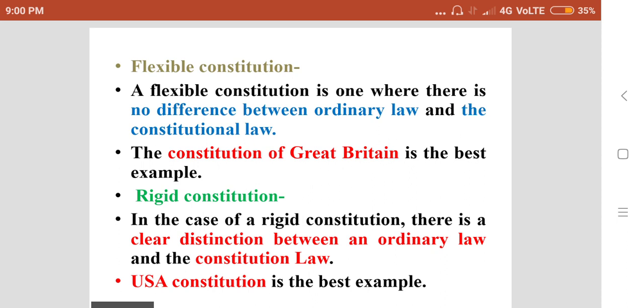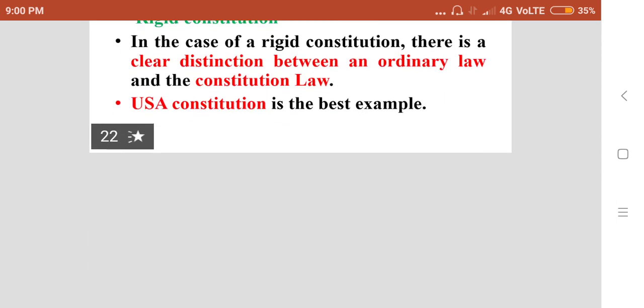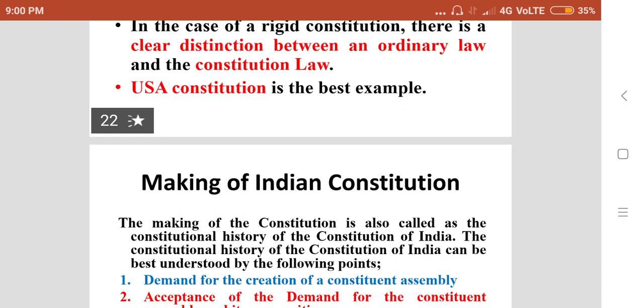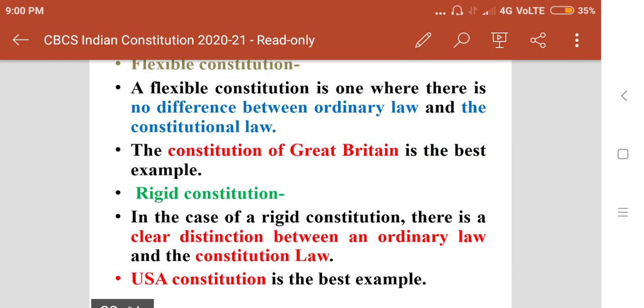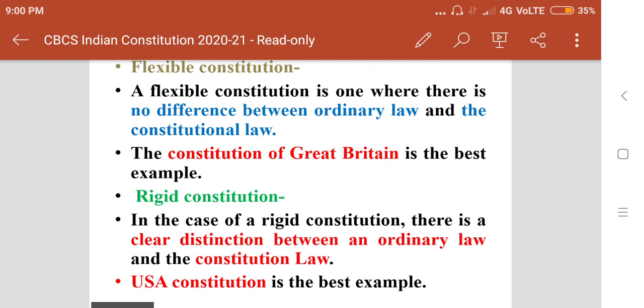There must be a special amending process or amending body to make corrections or changes to a rigid constitution. So the Constitution of United States of America is the best example of rigid constitution. We cannot change or amend the American Constitution so easily. It is very difficult. So these are the three classifications of the constitutions.